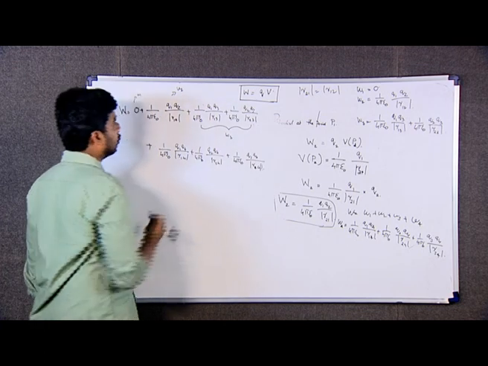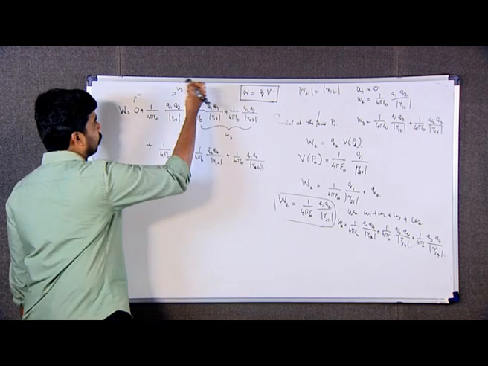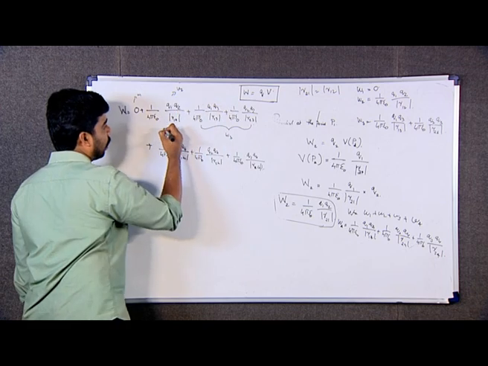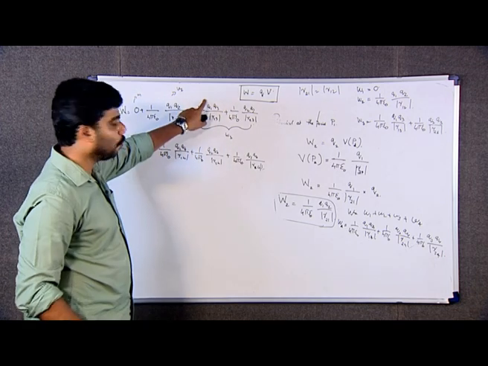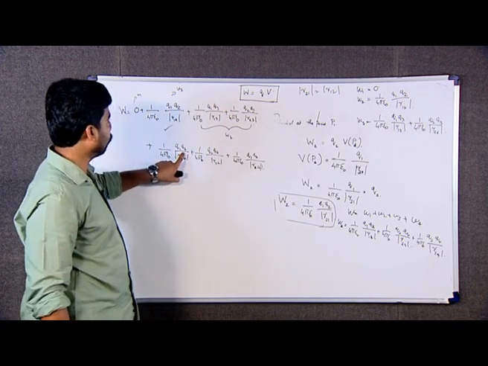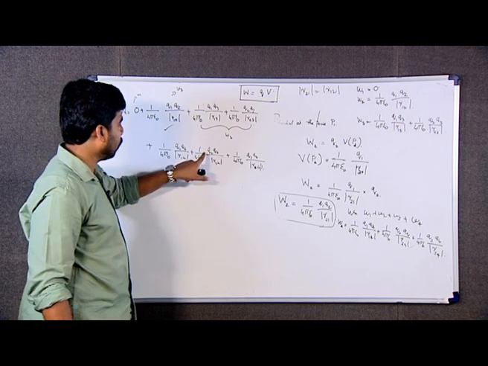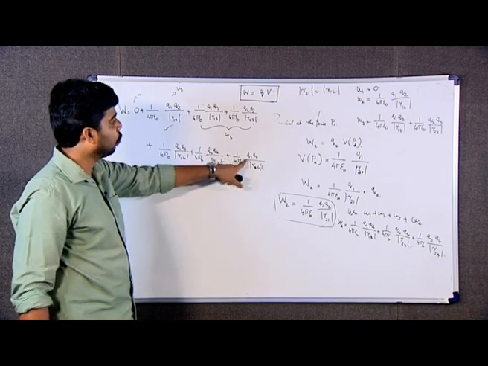So, are there any similar terms? Not similar terms. You can club these terms Q1 Q2, Q1 Q3 and Q1 Q4, then again Q2 Q3, Q2 Q4 and Q3 Q4.